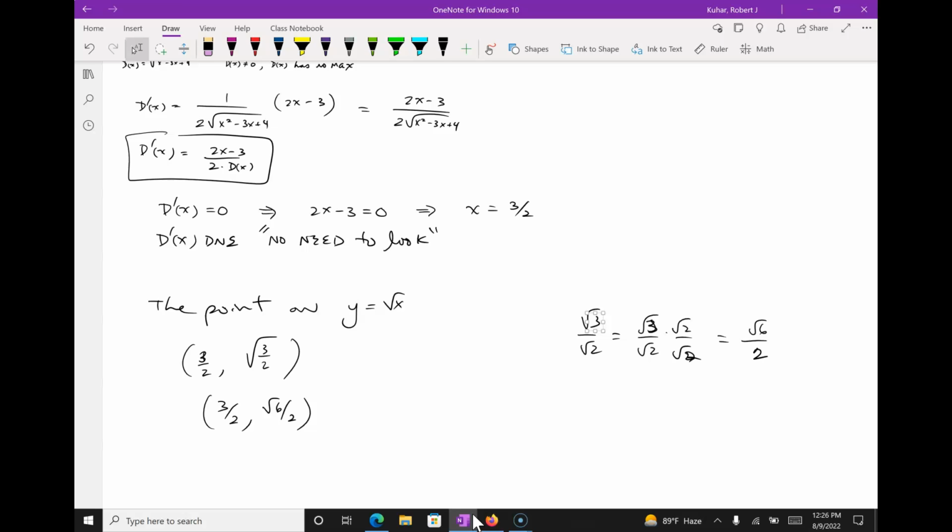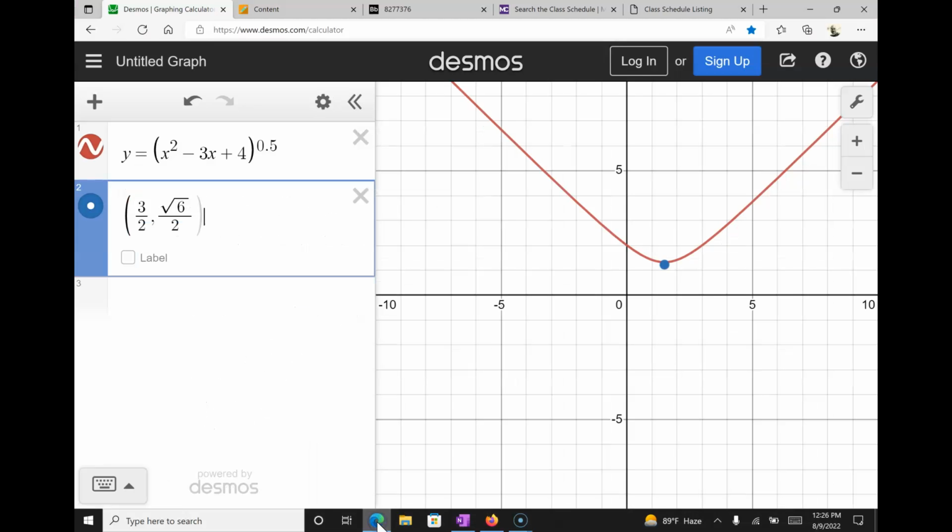How'd you get square root of 7? Oh no, that's our distance. Oh, you're right. I'm making a horrible mistake. Sorry. I actually want to see this point on my square root function. Thank you.